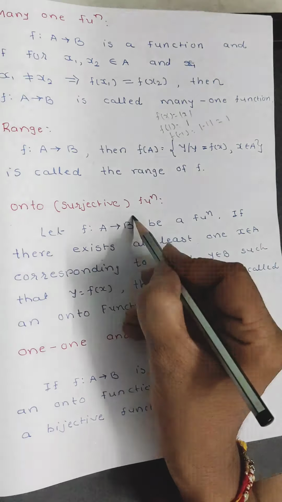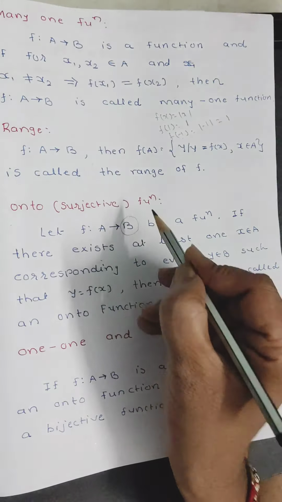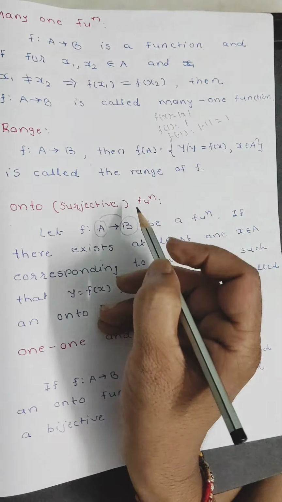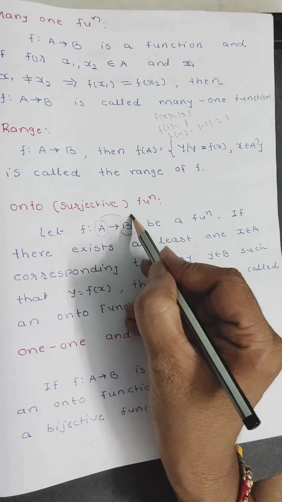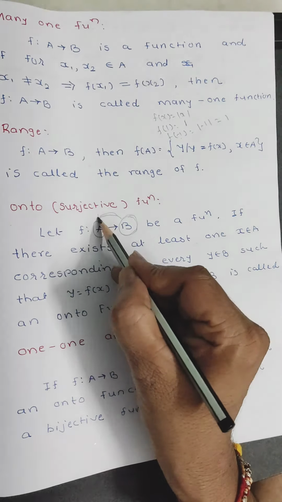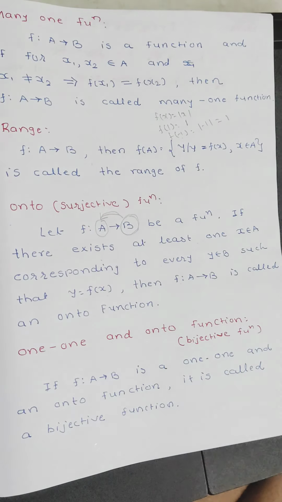Means for all values of B there is a pre-image in A, that is called an onto function.